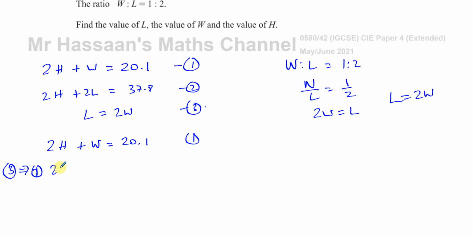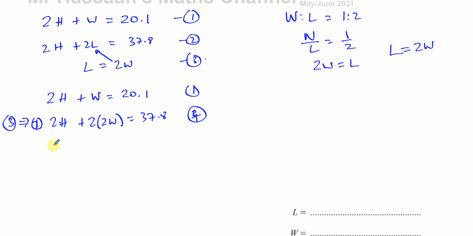So I have 2H plus 2 times 2W, is equal to 37.8. I'll call this equation 4. So this is going to be 2H plus 4W equals 37.8, and here we have 2H plus W equals 20.1.